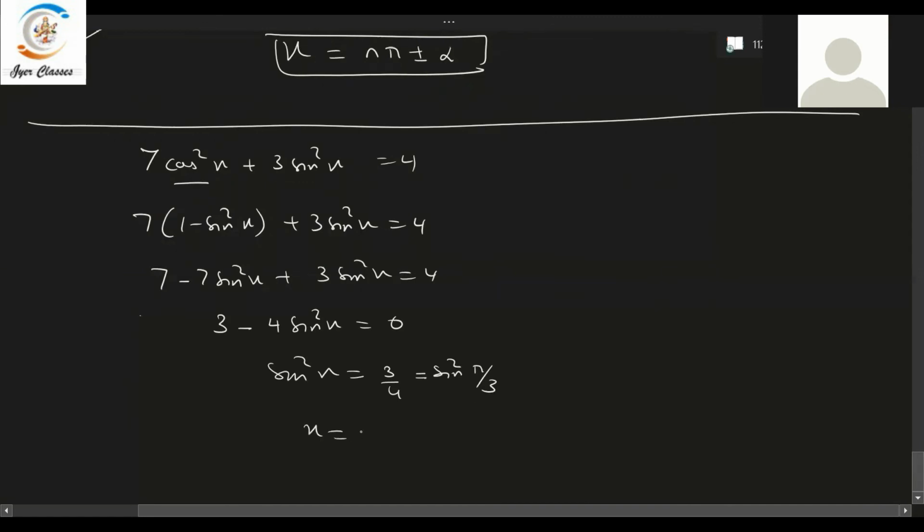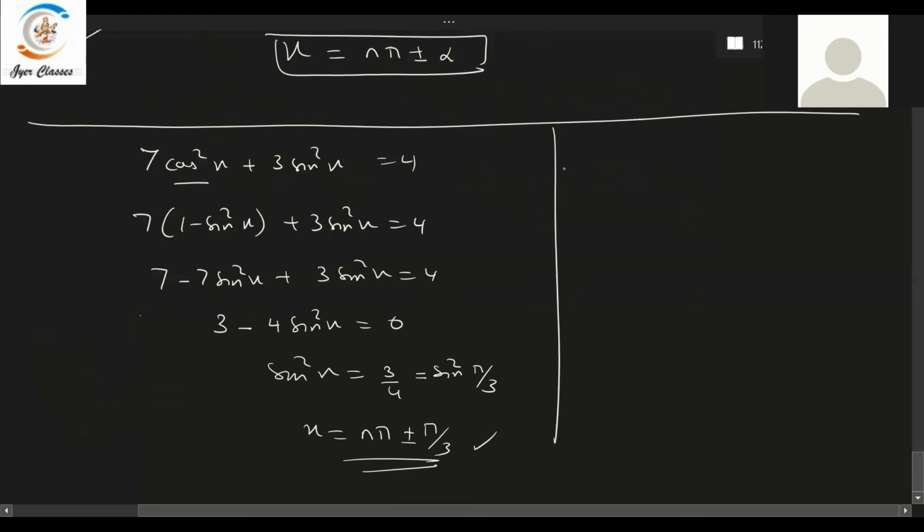So it is x is equal to n pi plus or minus pi by 3. क्यों? मैंने 4 को यहाँ लाया ना, ठीक है? चलो, हाँ ना? Got this? A very very simple सा आपको प्रॉब्लम दिखेगा.